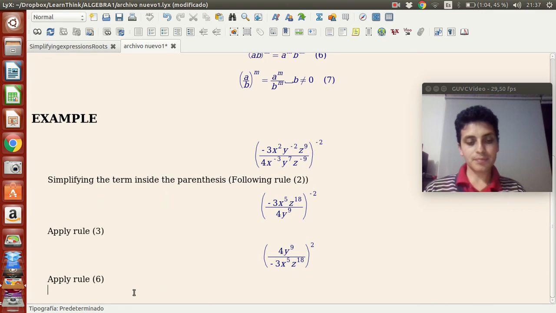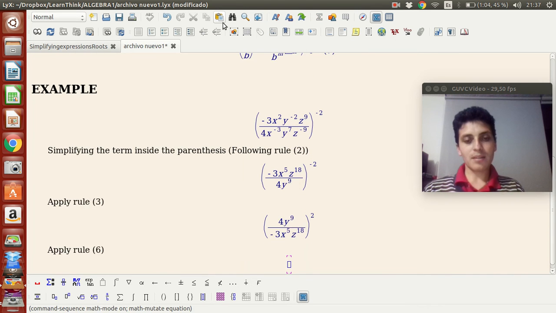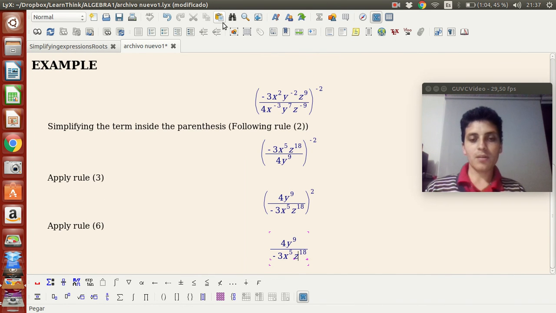So what if I apply rule number 6? Excuse me. Sometimes it happens. Okay, if I apply number 6, this 4 will become 4 to the second power.